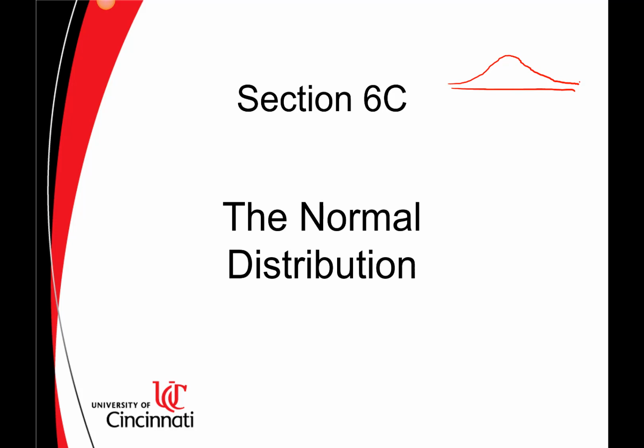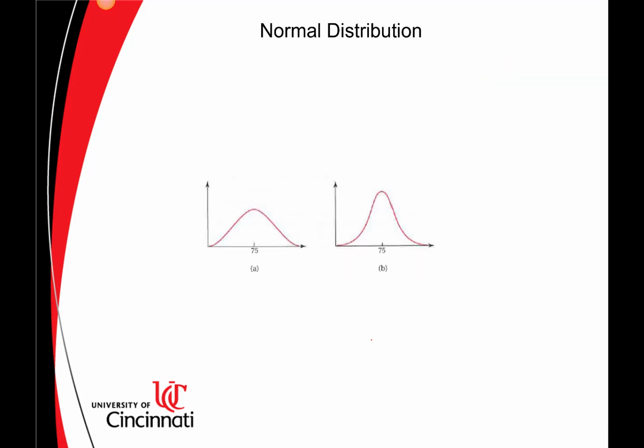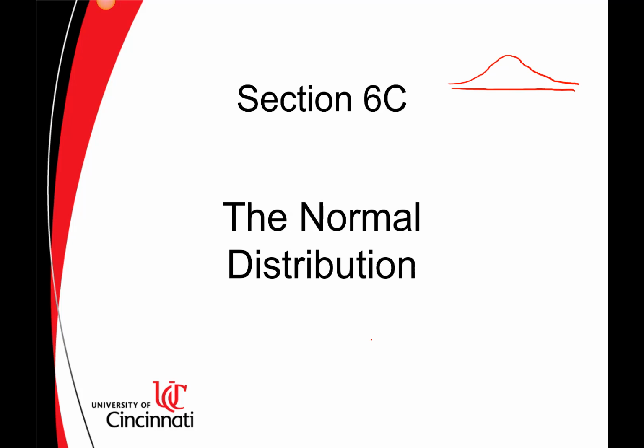Whole bunches in the middle, and fewer as you get out on the ends. Whether that be grades, heights. When you see somebody at 6'8", do you turn around, whoa? Why? You don't get to see that every day, do you? It's something a little unusual.